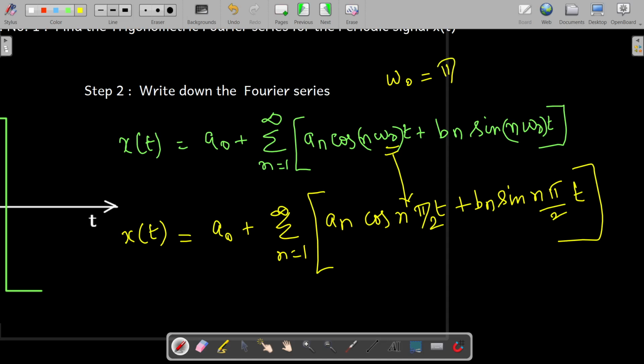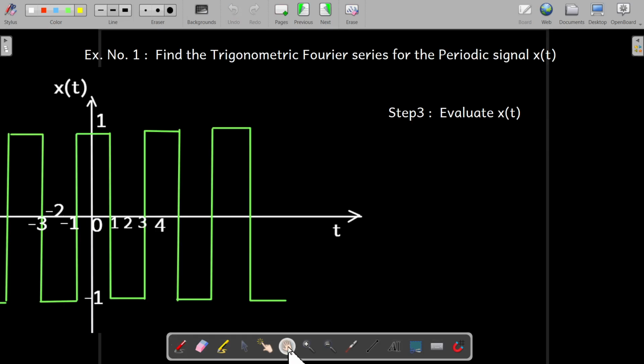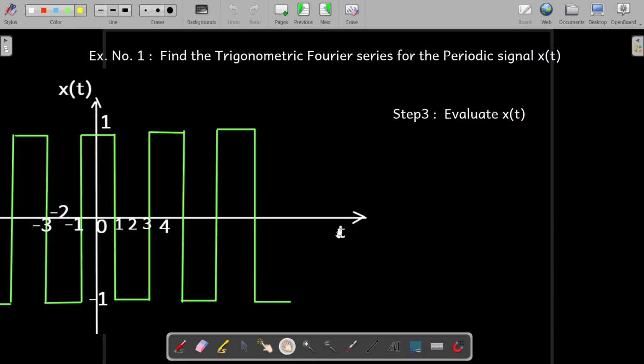Omega naught is equal to pi by 2 for this rectangular wave. Then we need to evaluate x of t. What is the x of t value? The amplitude is varying from -1 to +1, it has the swing. Once you evaluate this x of t, only then can we evaluate the coefficients.